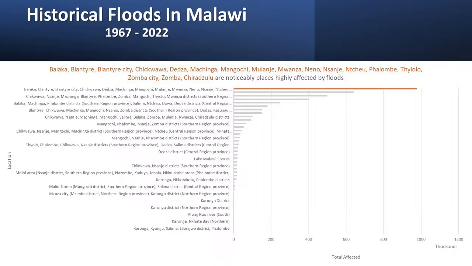I can call that the red zones, because from 1965 till 2020, those areas have been affected almost without fail by floods. So when it comes to prioritization of resources and strengthening the resilience of the community on the ground, those areas need to be prioritized because they are the most affected by the floods.